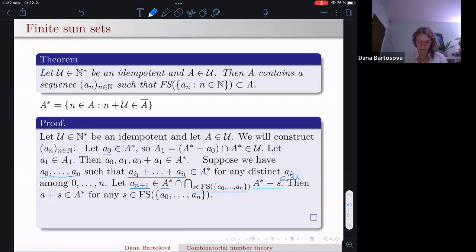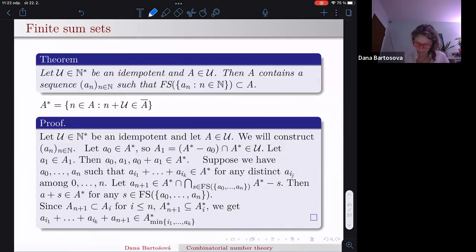And then by the definition, I get that, okay, I'm sorry, I think this really doesn't need to be there. Then just the sequence of these a_n's is going to work.